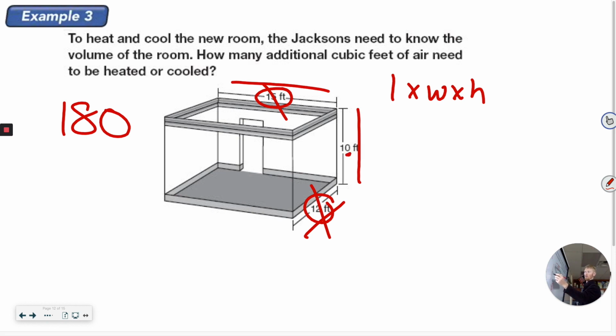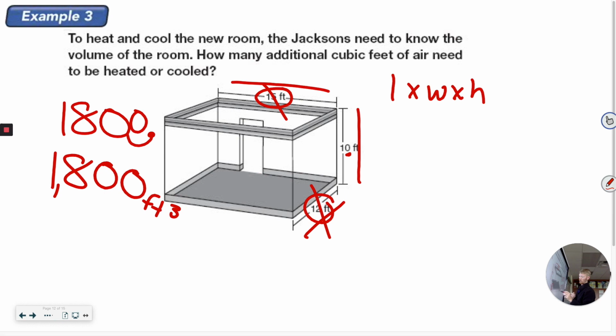So 10 has 1 zero, so I just move it 1 spot to the right, add another 0, so it'd be 1,800 cubic feet. 1,800 cubic feet would be the volume of the room, how much space it takes up.